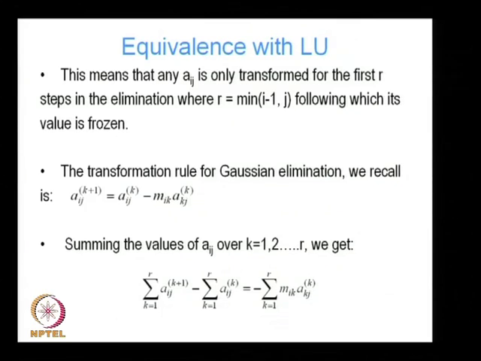Apply a summation on both sides for k equal to 1 through r. Nothing changes, we have just added a summation sign in front, and we are performing the summation for k equal to 1 to r. Why are we performing summation for up to r only? Because we know that after r, when k goes beyond r, the elements do not change at all. So, we are performing the summation for the first r steps of the Gaussian elimination.